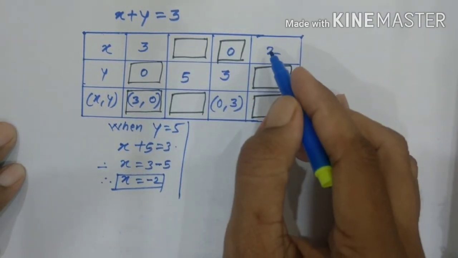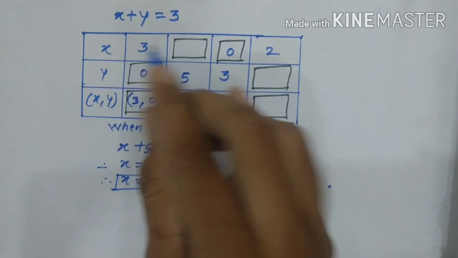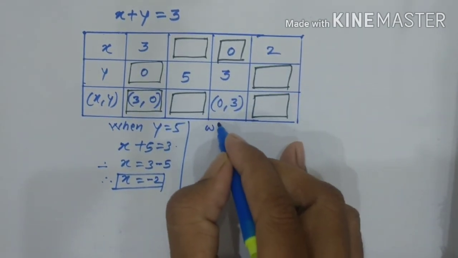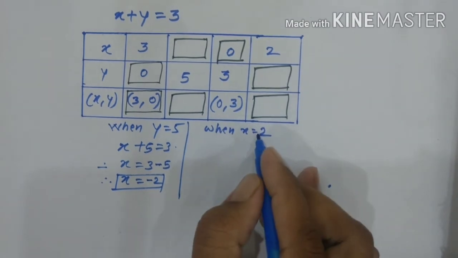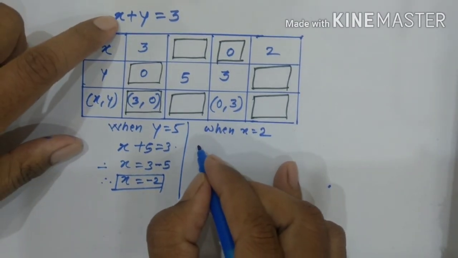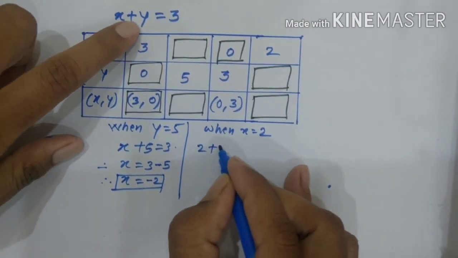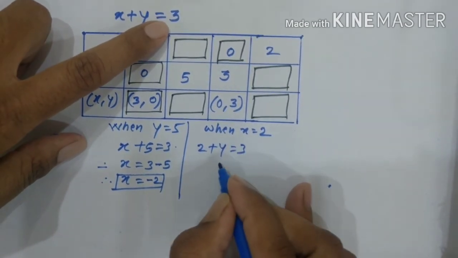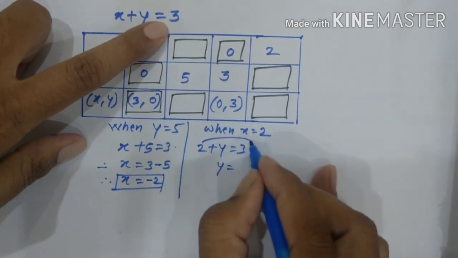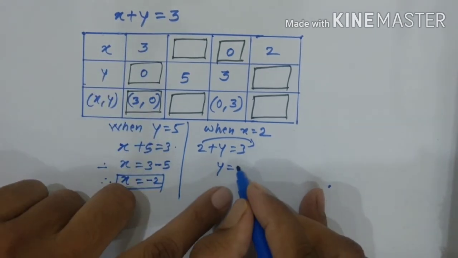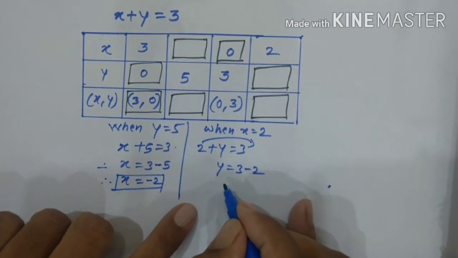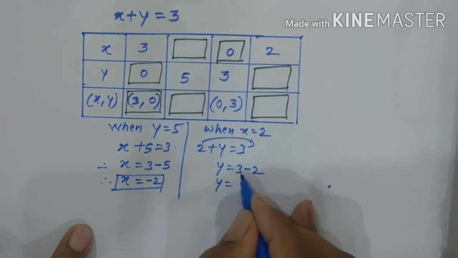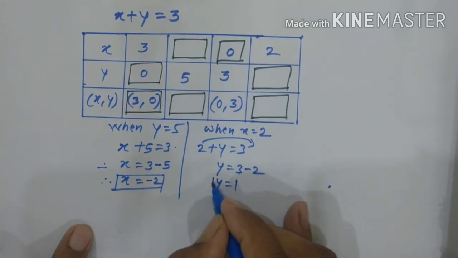Now for last column, value of x is 2. When x is 2, put this value of 2 in given equation. Therefore 2 plus y equal to 3. Y equal to, transpose 2 to right side. Therefore 3 plus 2 can be written as minus 2. Y equal to 3 minus 2 gives us 1.